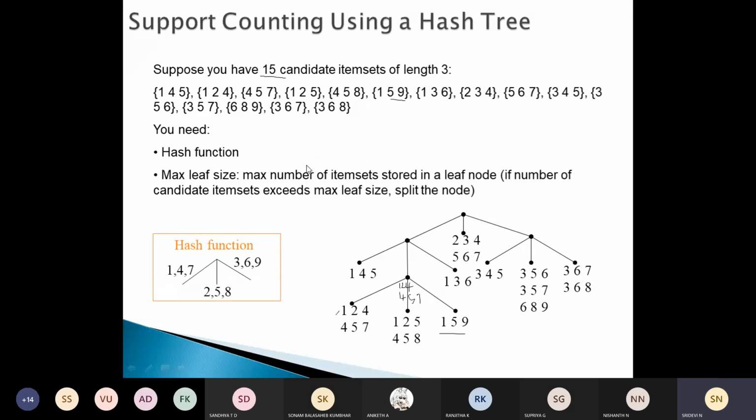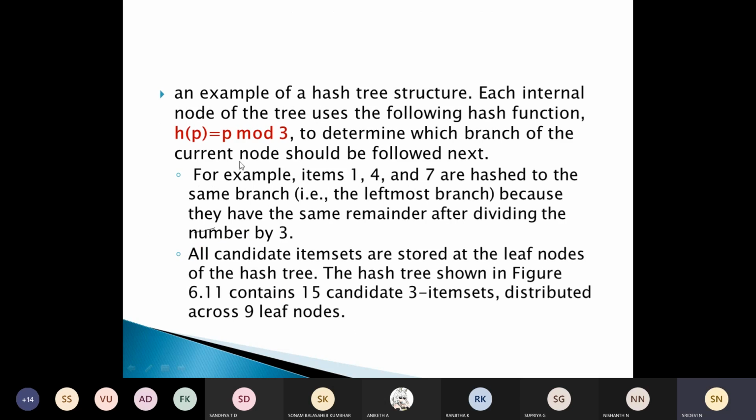The hash function is of the form h of p equal to p mod 3. Okay, so that's the hash function we use. Whatever digit you take, when you perform the modulus operation on it, this p mod 3 determines to which branch of the current node a particular item will fall into.